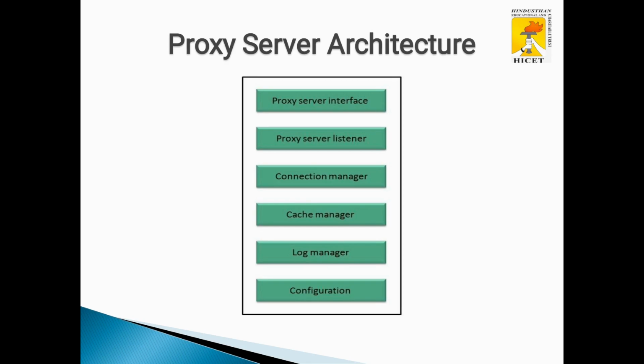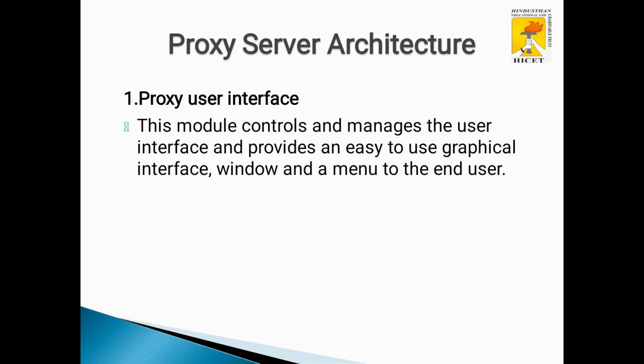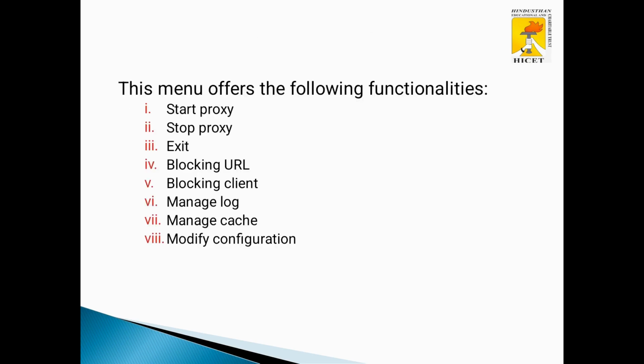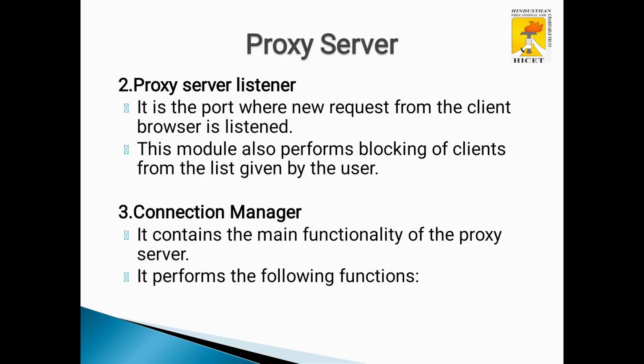Next we will discuss about connection manager. It contains the main functionality of the proxy server. It performs functions like reading the request header from the client, parsing the URL and determining whether the URL is blocked or not, generating a connection to the web server, and reading the reply from the web server.